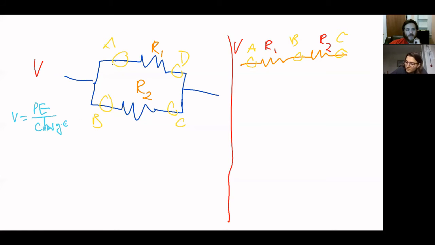And so if I have a potential energy per charge here, then that potential energy per charge actually has to be the same at A and B. We can think of R1 and R2 as being different slopes of different lengths, right? So R1, going back to our ball analogy, R1 is like this.